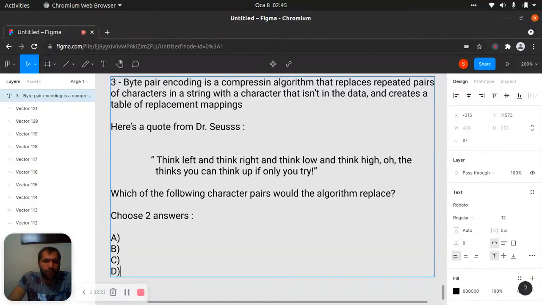It's saying which of the following character pairs would the algorithm replace? The first one will be "de", the second one will be "nl", the other one will be "in", the last one will be "ft".